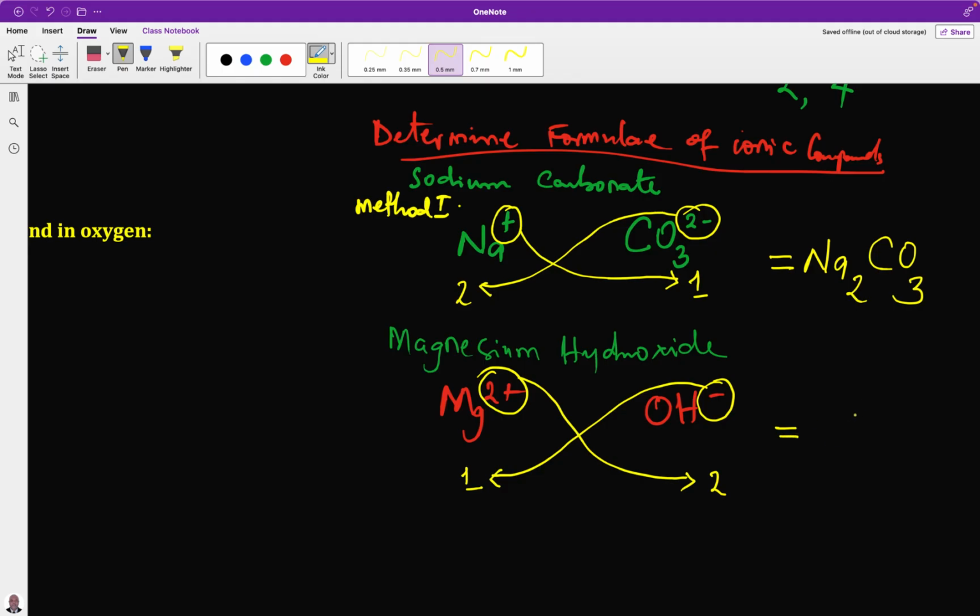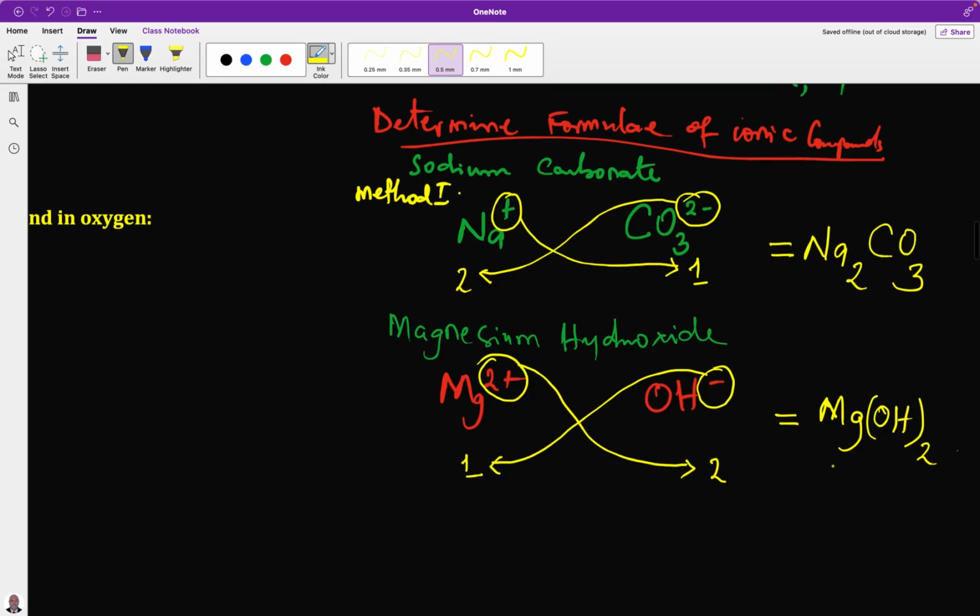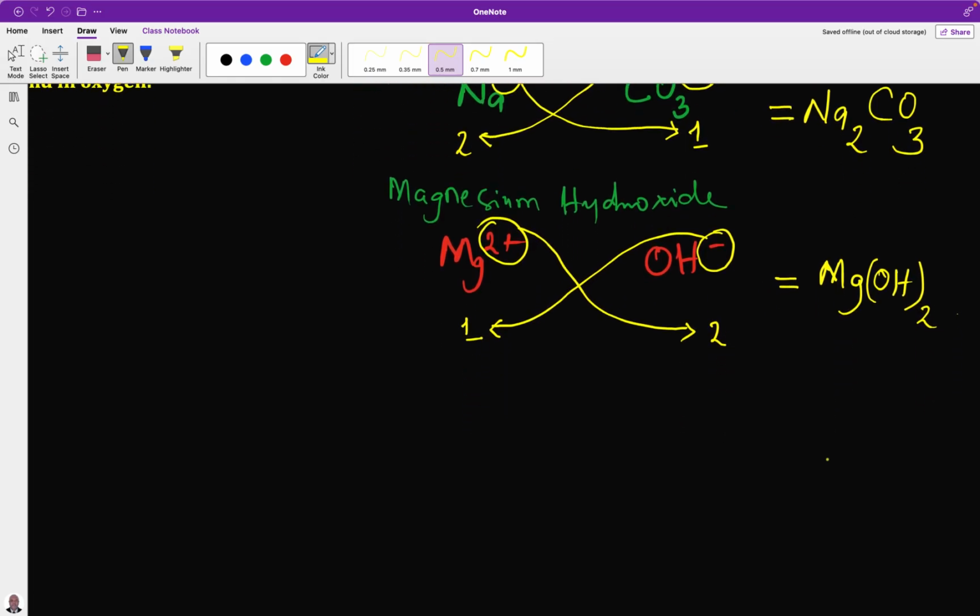It will be magnesium 1, then hydroxide, there are 2 of them, OH. You don't need to write the charge again, please. So there are 2 OH, so we put a 2 here. That is the formula.